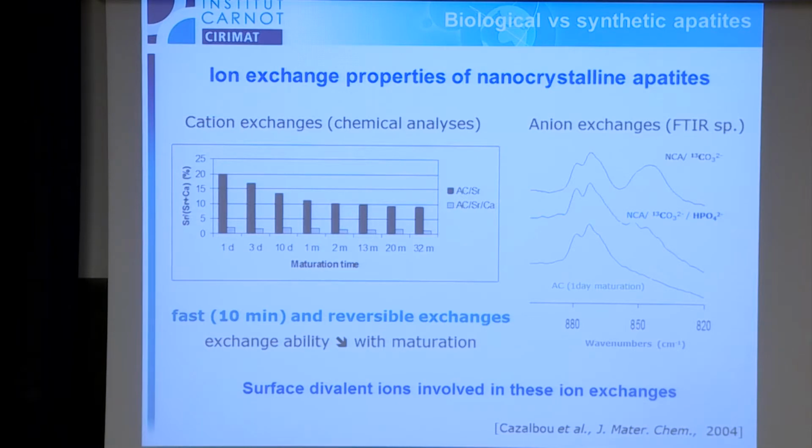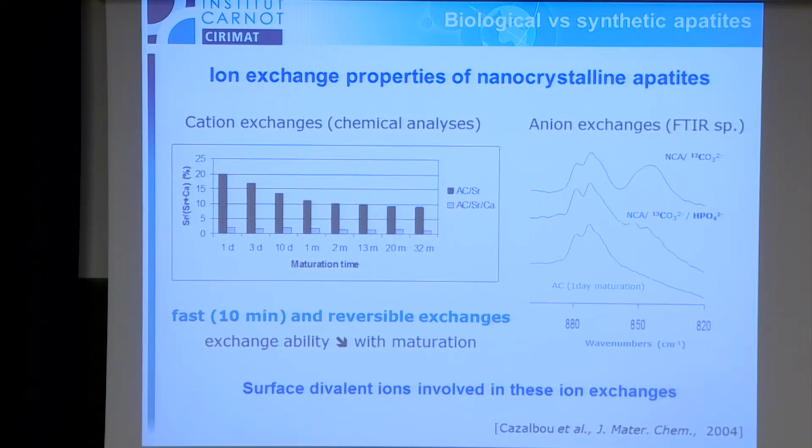Then we perform the reverse exchange: we put this apatite that has already been exchanged with strontium in calcium solution, and we evaluate the amount of strontium. You can see that mostly all the strontium has been reversibly exchanged, whatever the maturation age.